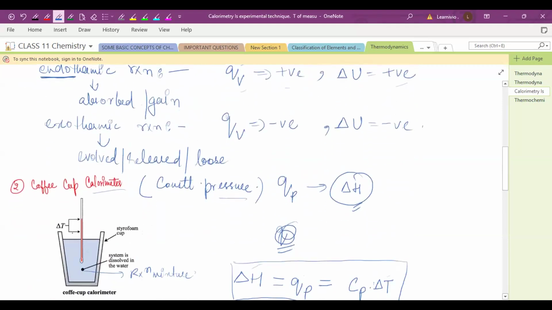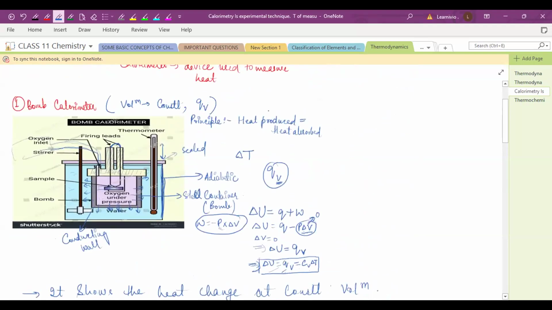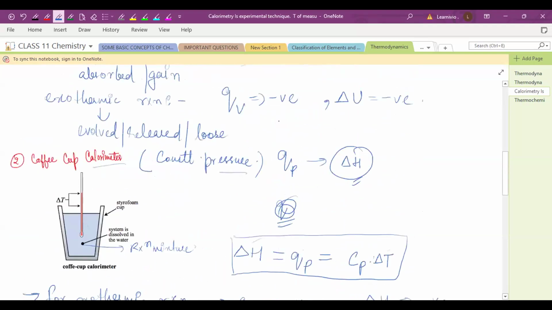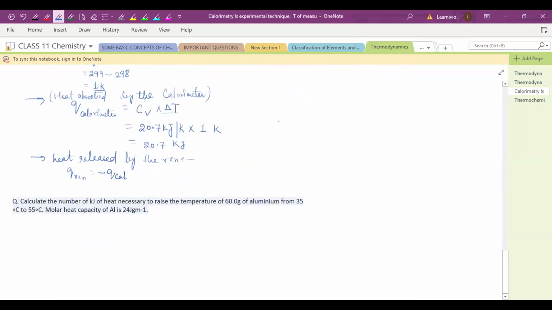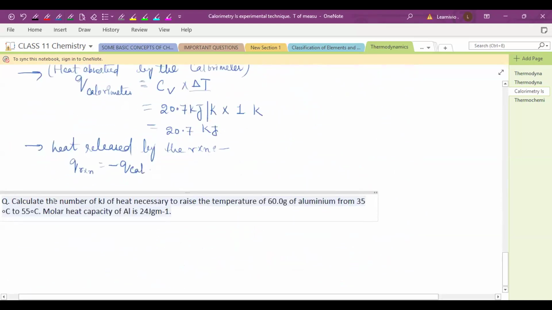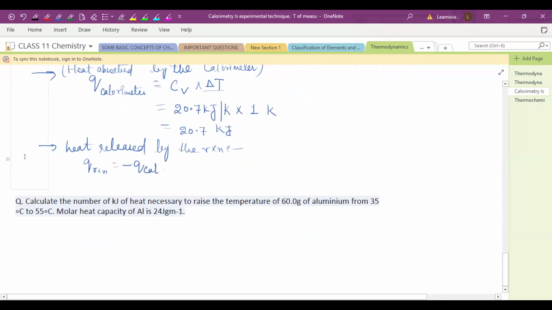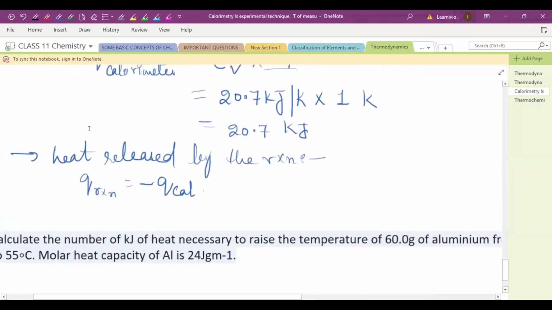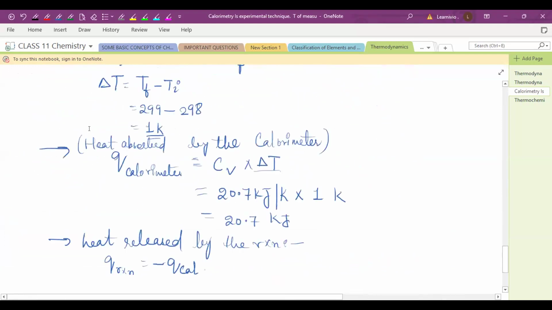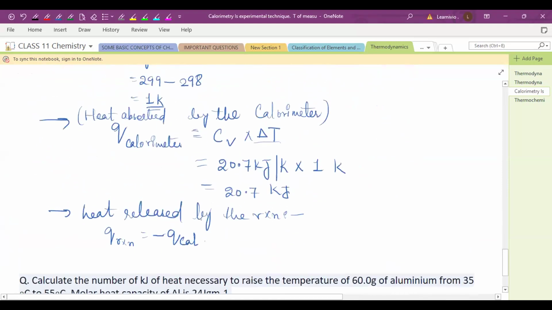According to the principle, which you know very well, heat produced is equal to heat absorbed. So here we are applying that principle. The Q of reaction is being released and the calorimeter will absorb. Because it is being released, there is a negative sign.